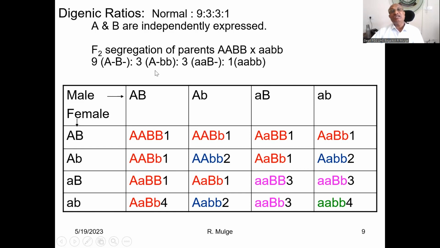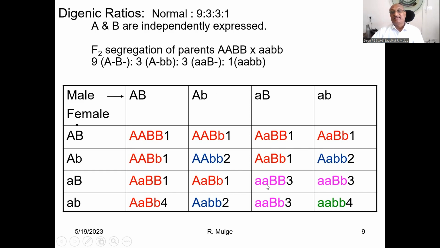Now the first gene advantage is there, the second gene has no advantage. It's homozygous recessive. How many such plants are there? The second type: first gene advantage is there, not the second gene. Here also and here also, there are 3 plants. This is the second type of phenotype. And the third type of phenotype is where the first gene advantage is not there, whereas the second gene advantage is there.